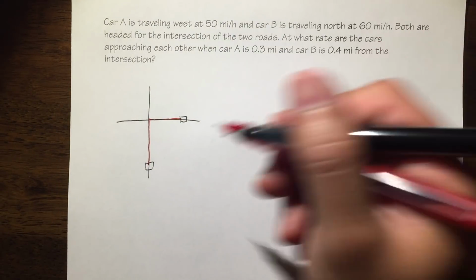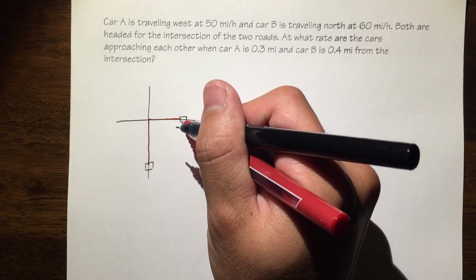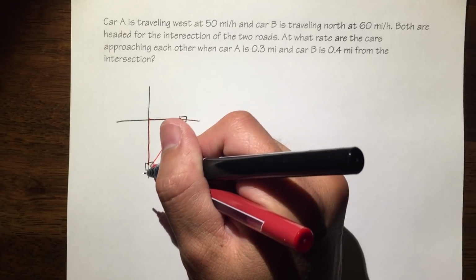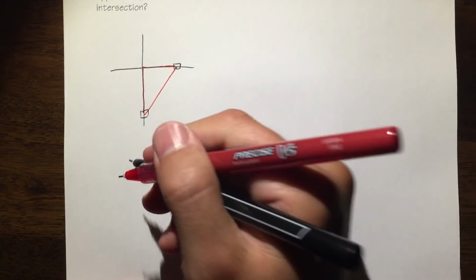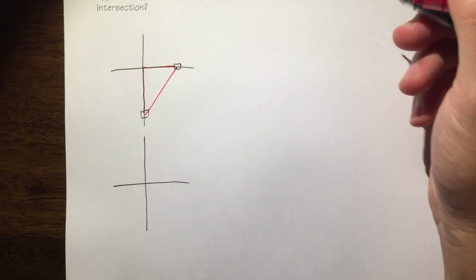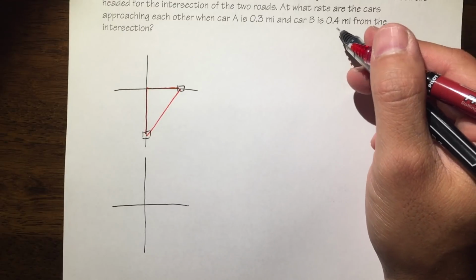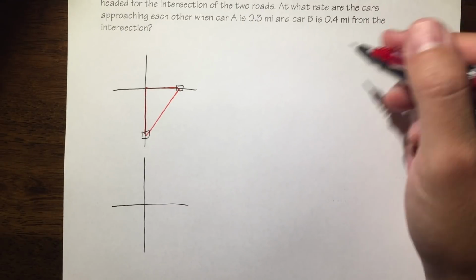And we would like to know how fast the cars are approaching each other, meaning the distance between them right here. As you can see in the next picture, we care about that instant when A is 0.3 and B is 0.4 miles away from the intersection.